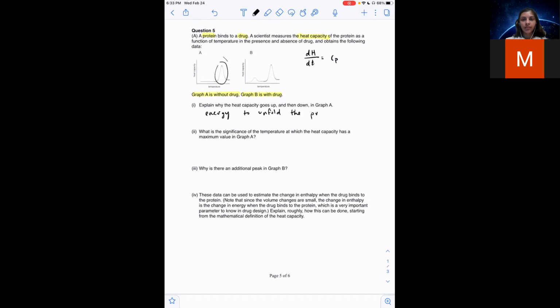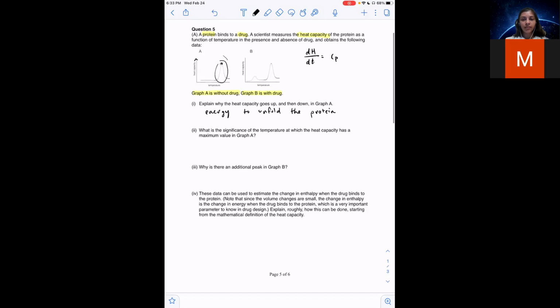And then while we're melting or unfolding the protein, we have this spike, where, since this is a derivative curve, it gets easier and easier to unfold the protein until it reaches this inflection point, and then it gets harder and harder to unfold more of the protein. And this region is where we're melting.